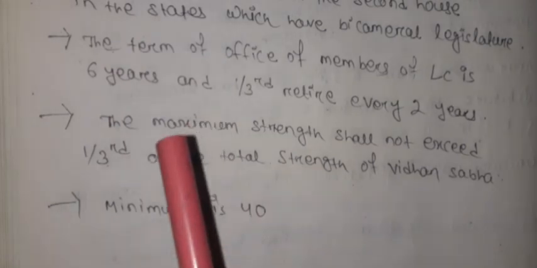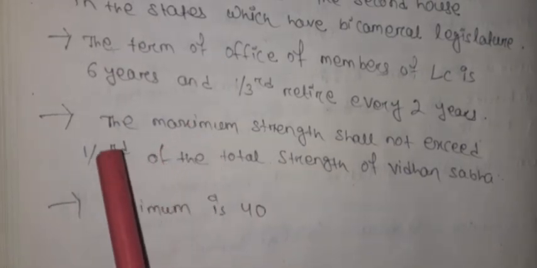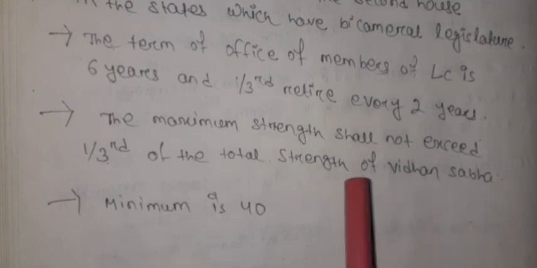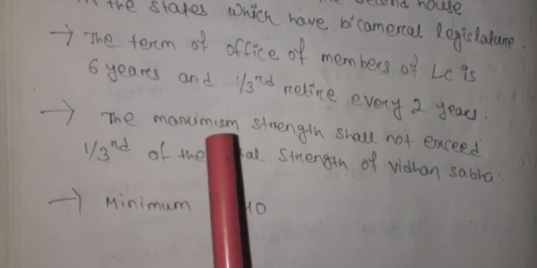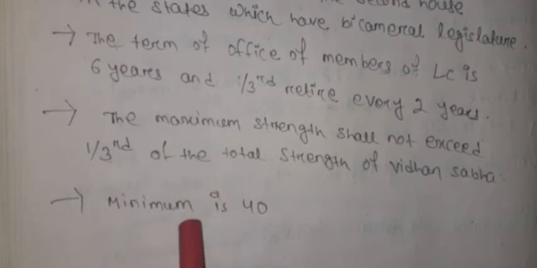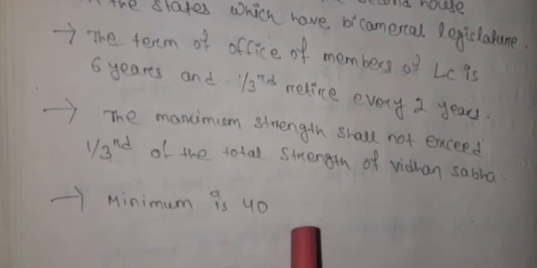The number of members in Vidhan Parishad is 1/3 of the total strength of Vidhan Sabha. Okay, total Vidhan Sabha and its 1/3 is the number of Vidhan Parishad members. Maximum is 1/3 and minimum is 40.